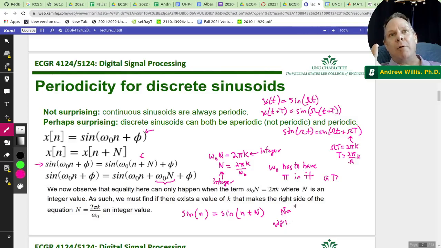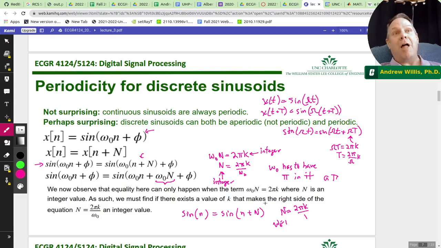And then using our formula, N is 2 pi k over 1. So is there a value of N that is an integer that satisfies this relation? Does a k exist such that N is an integer? No. Okay, excellent answer. Correct.